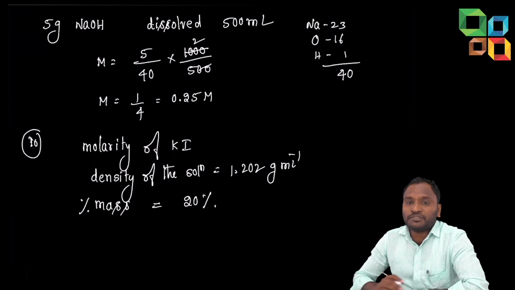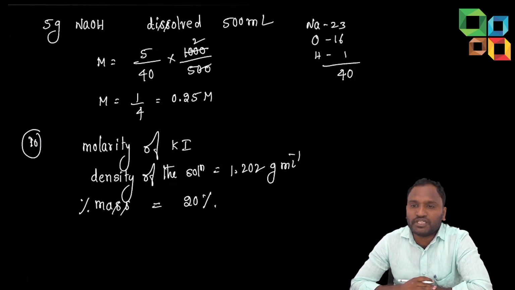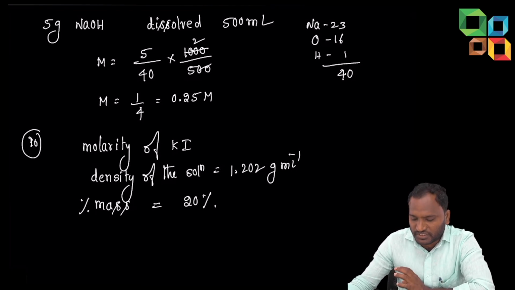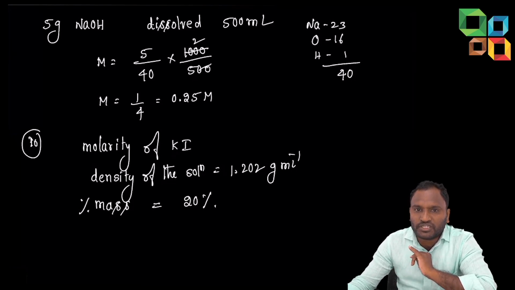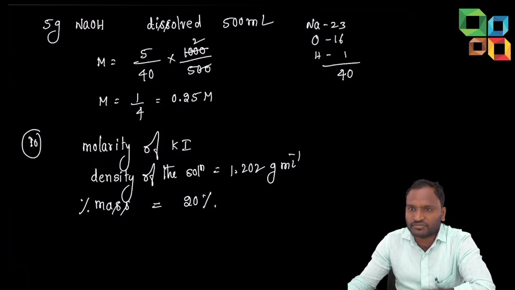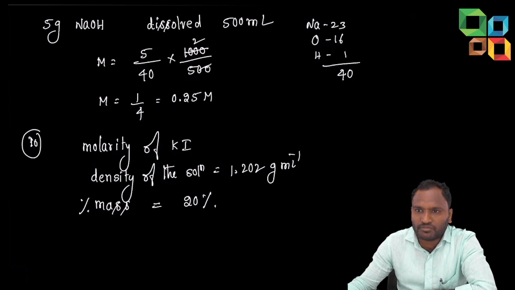Here, mass percentage, if they give, what information we can get, students, from mass percentage? You think first. Mass percentage is nothing but mass of solute by mass of solution into 100. Here, mass percentage 20 means 20 gram of KI is present in 80 gram of water, isn't it? So mass of solute we got to know, 20 gram.